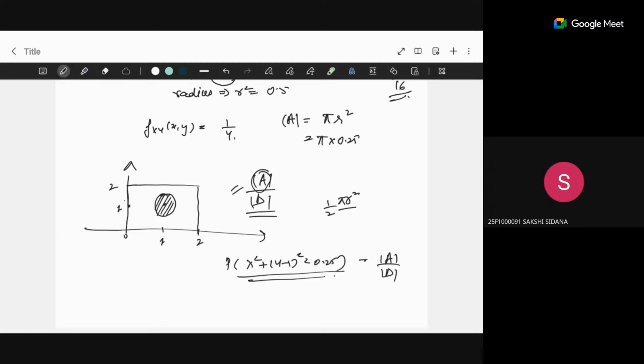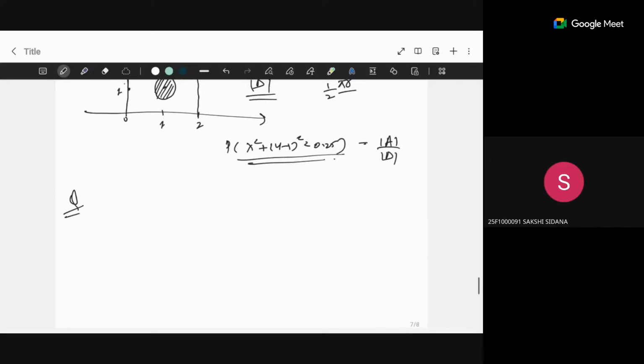We want to find the distribution of y given x equals 1.